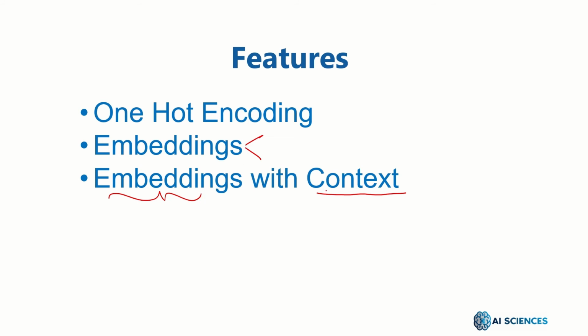However, embeddings with context, like the very recent BERT algorithm from Google, take care of the context very sharply. I mean, based on the context in which the word appears, the embedding is designed. So the same word in different contexts may have different embeddings, which is really required to capture the context.